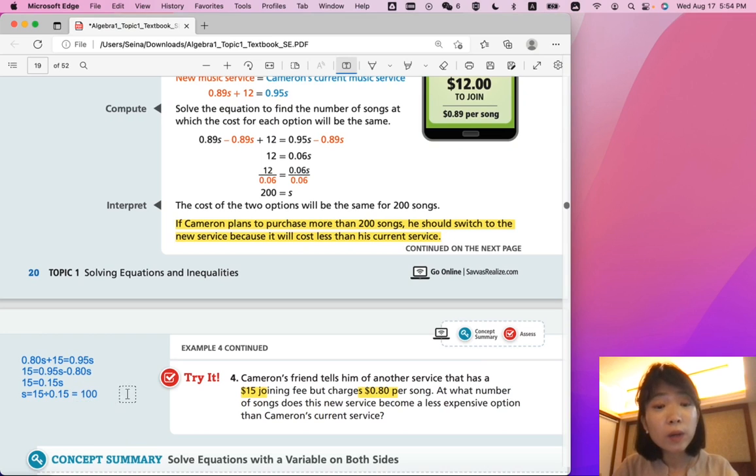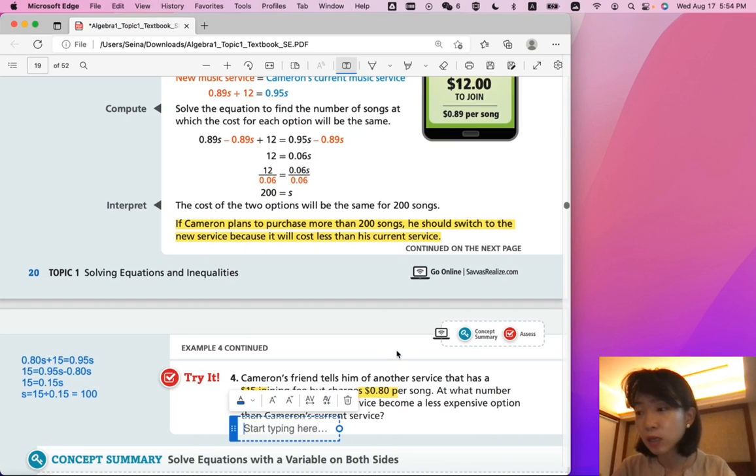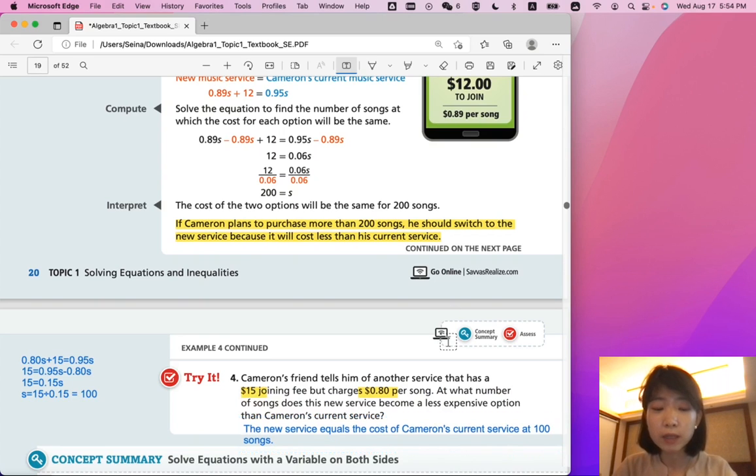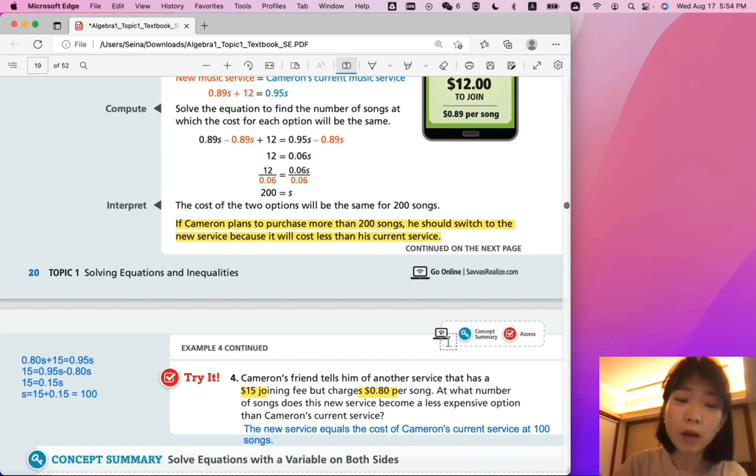The cost of the two options will be the same for 100 songs. So after that, whatever is cheaper per song would be cheaper. So we can answer that the new service equals the cost of Cameron's current service at 100 songs. That would be our answer. If you got that correct, great job.